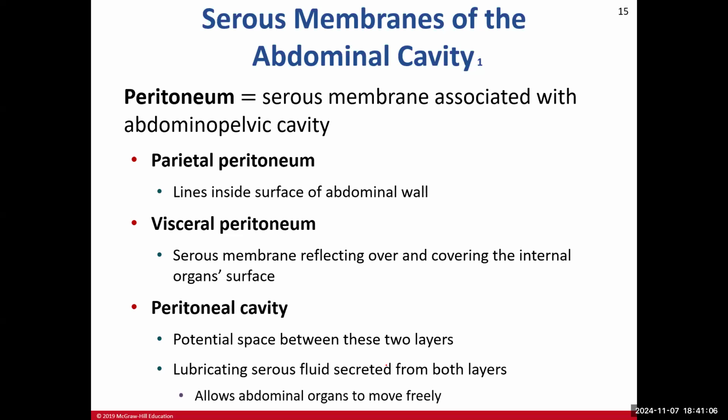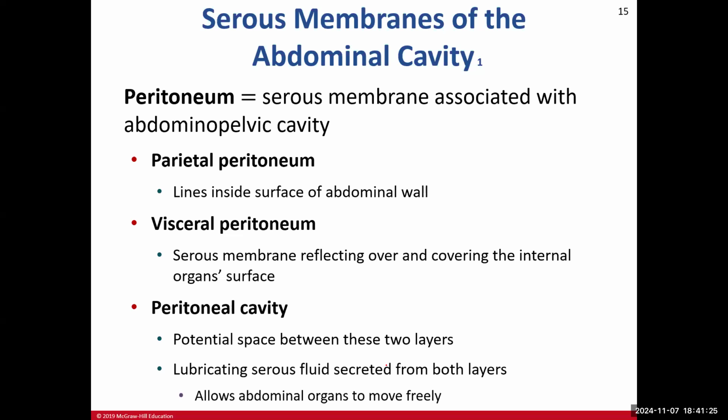Okay, all review. And then, of course, in between these two layers is a cavity in which we secrete serous fluid. And just like the serous fluid we've talked about in all other serous membranes, its job is to create lubrication to help decrease friction.